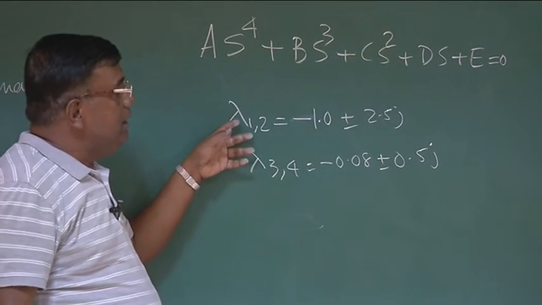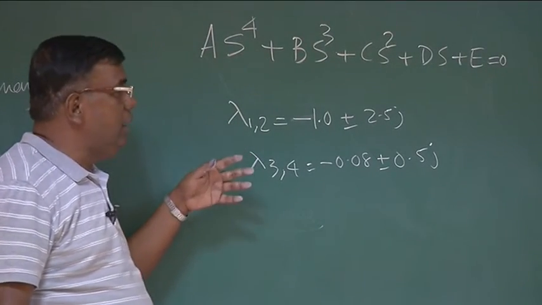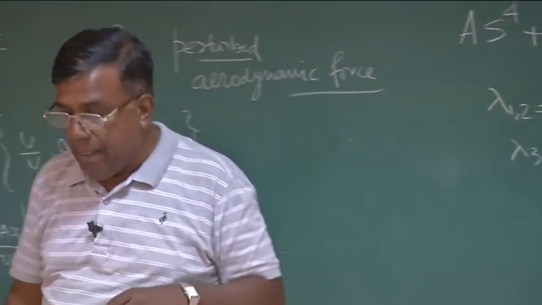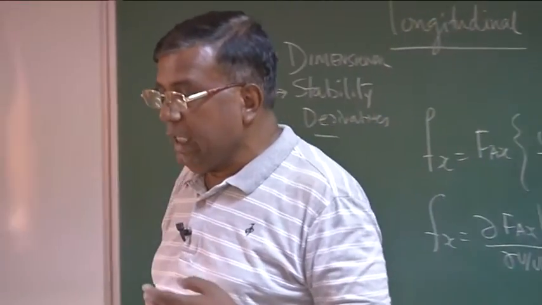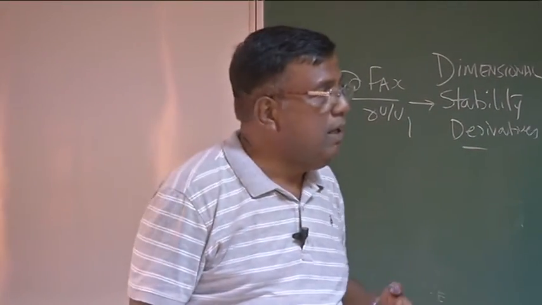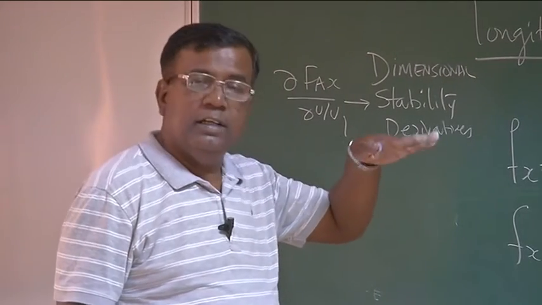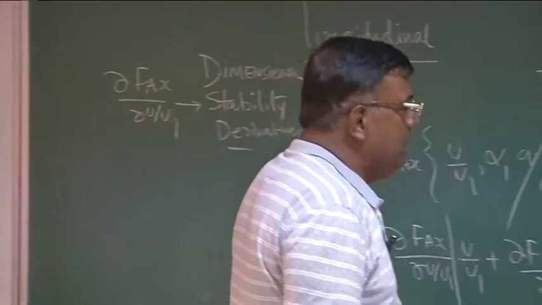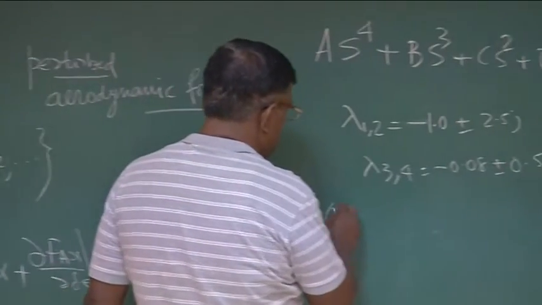Important thing is to understand you get two pairs of complex conjugate. That means this tells you that the response, which I will use to characterize this transient, is oscillatory in nature.